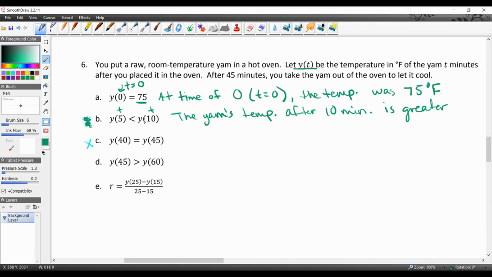At 10 minutes, it's greater than when it was at 5 minutes. Of course, you can do it the other way around: the yam's temperature after 5 minutes is less than the yam's temperature after 10 minutes. Okay, let's go ahead and move on.